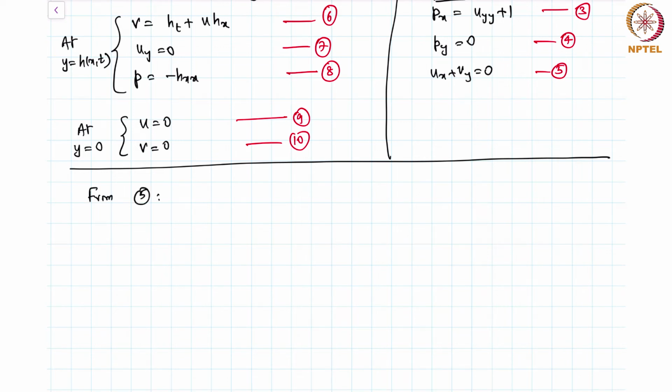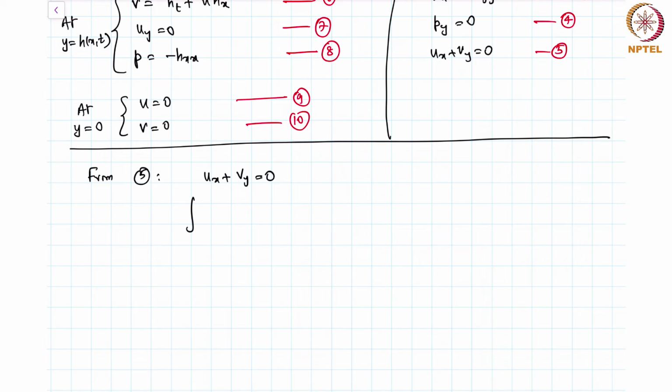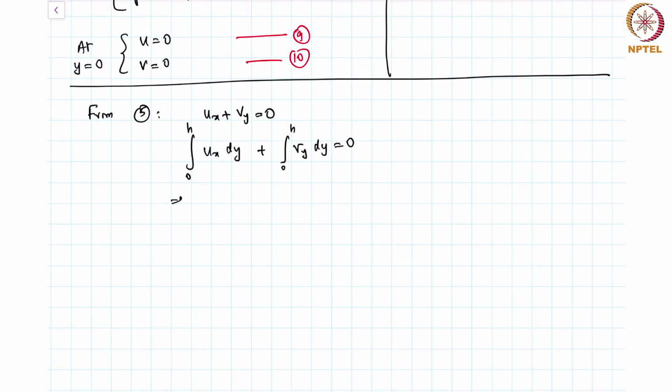From 5 we have ux plus vy is 0, and therefore we'll integrate this from 0 to some h: integral 0 to h of ux dy plus integral 0 to h of vy dy is 0. I simply have integral 0 to h of ux dy plus v at y equal to h is 0, right?